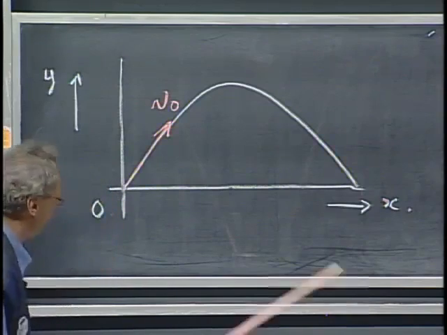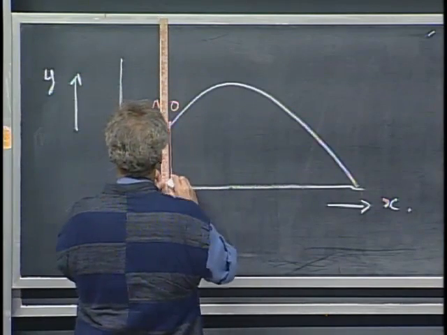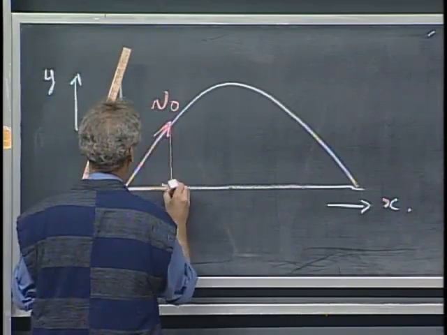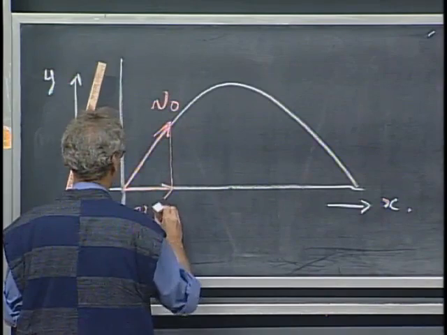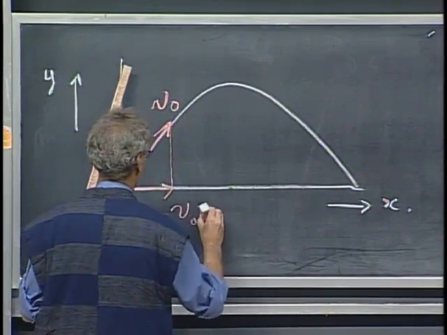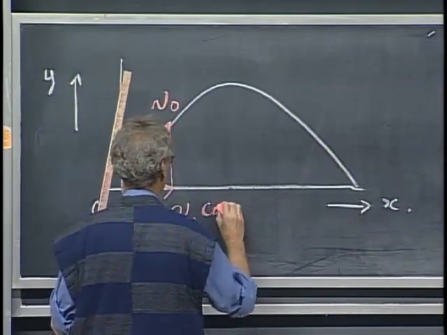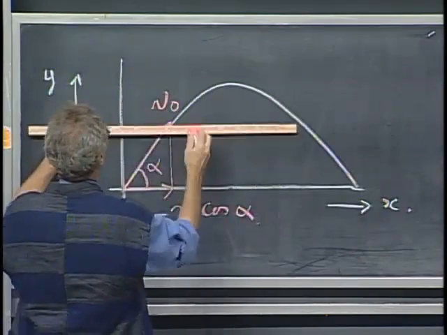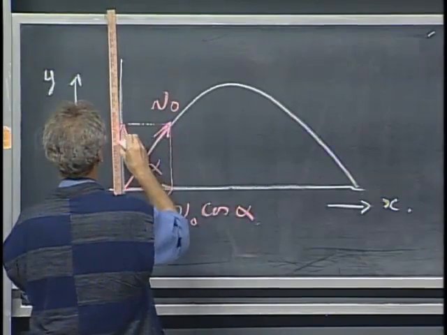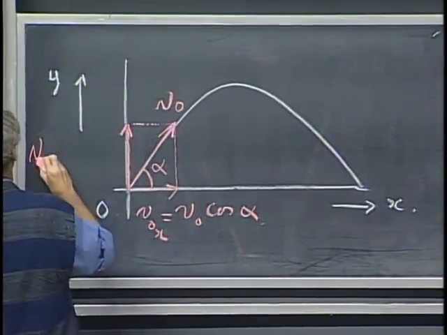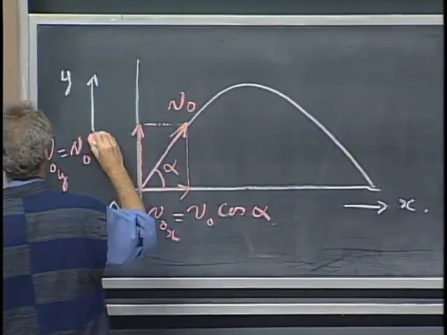We already decompose right away the velocity at time t equals 0 into a component which I call v0x, and that, of course, is v0 times the cosine of alpha, if the angle is alpha. And the velocity in the y direction at time t equals 0, I will call that v0y, and that is v0 times the sine of alpha.